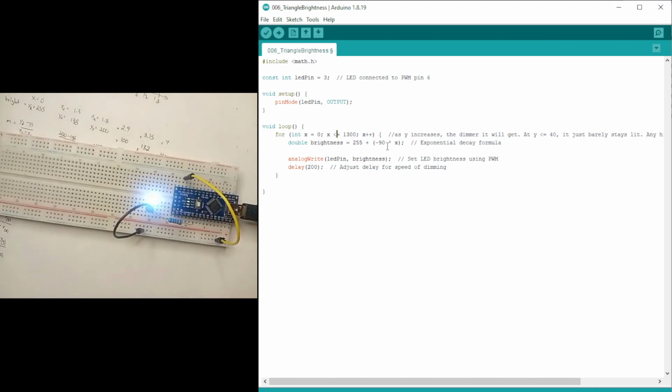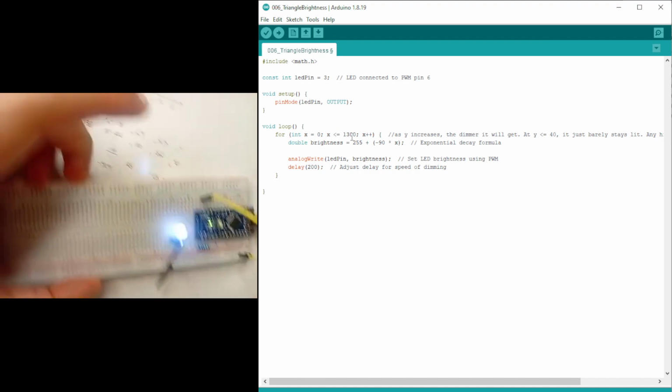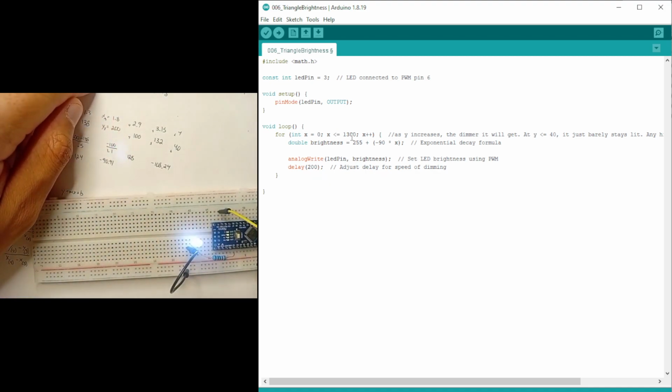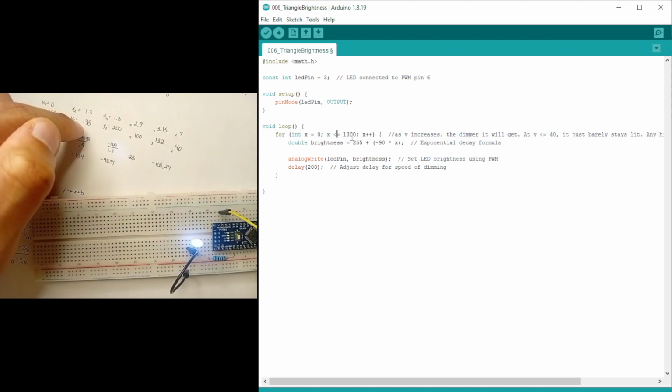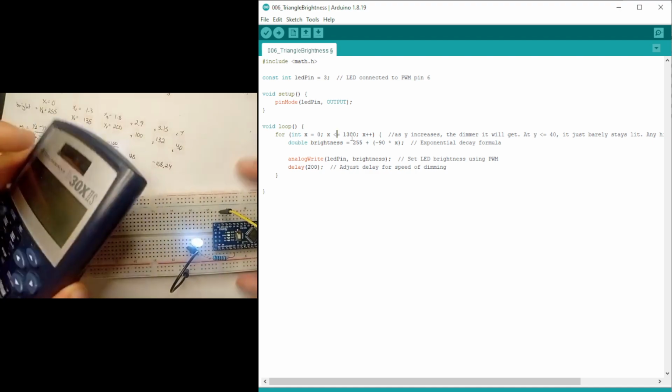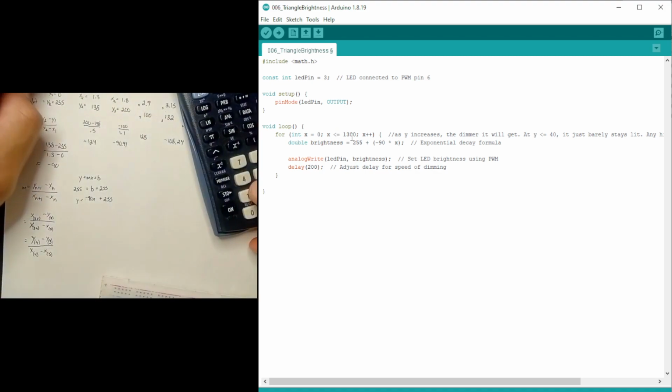X plus plus. That's just minus 90x. What's the issue here? Okay, hold on. If it's not going to be 1.3, if it's going to be 1300, then what is that equation? 138 minus 255 divided by 1300 is 0.09.